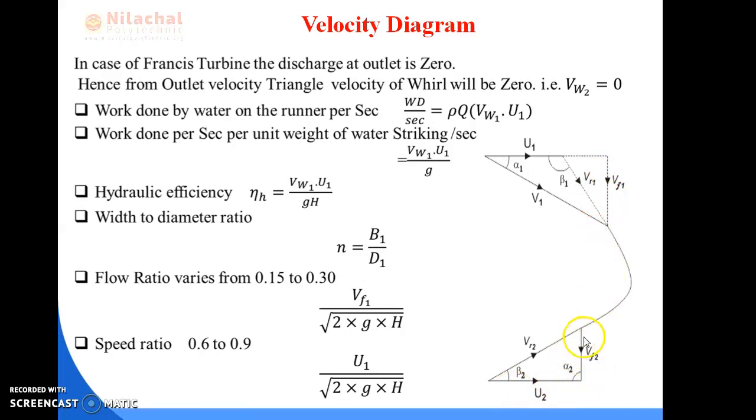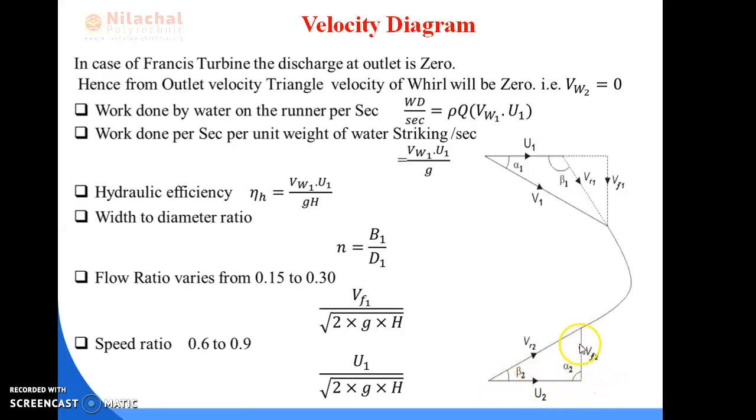Now at the outlet we have seen that the water moves in a radial direction. So radial direction means V2, the velocity of water at outlet, will make 90 degrees. This VF2 is nothing but the vertical component of V2, which is in a radial direction. Radial direction means the water moves out from the blade in a direction 90 degrees with the horizontal.